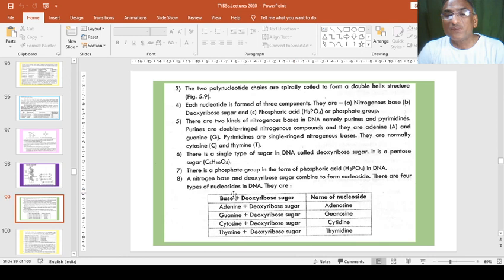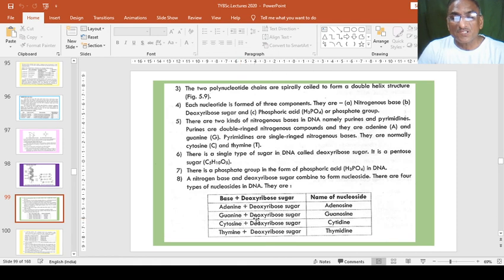So there are four types of nucleosides in DNA. Adenine plus deoxyribose sugar is called adenosine. This is the nucleoside. And adenosine monophosphate will be the nucleotide. If a phosphate group is added here, it will be a nucleotide.